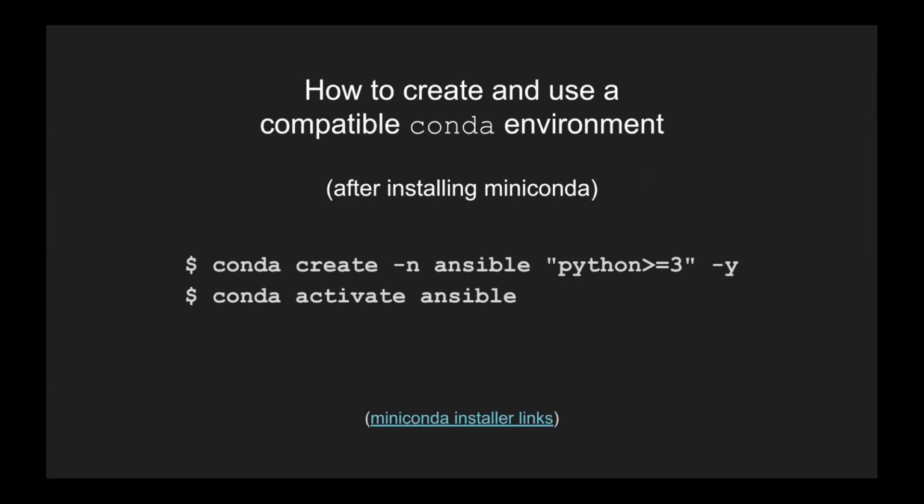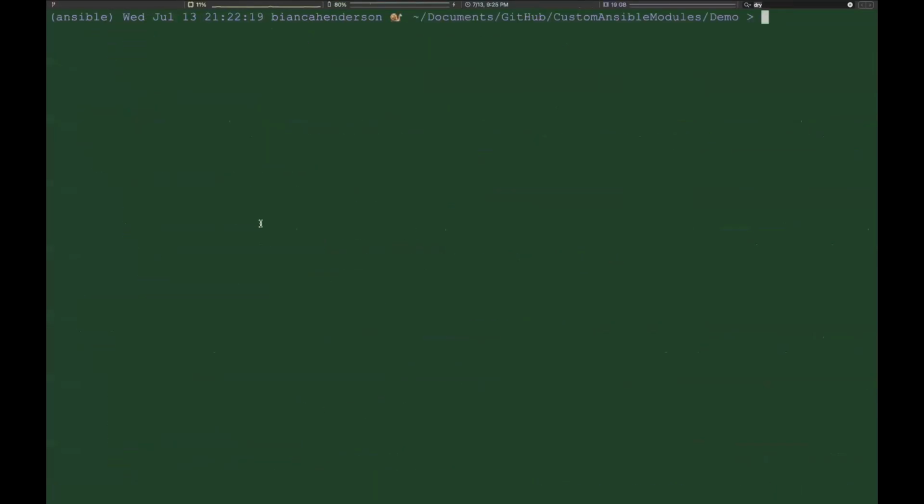How to create and use a compatible Conda environment is just these two simple commands. And then you're going to want to install stuff after you create that environment and get into it. Ansible is pip installable, so you would just do that. And also, if you don't have Conda, I put the installer link on here, so you can just click that and go straight to it. So you'll see here, my environment name is ansible. I did all the things I mentioned in the slide.